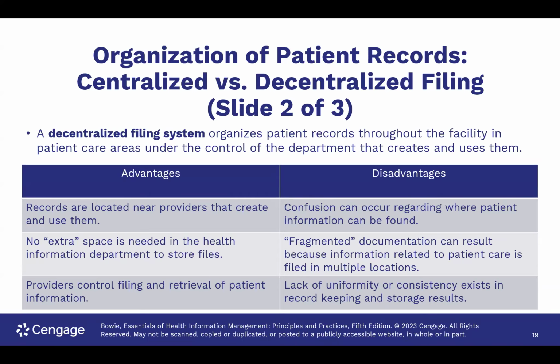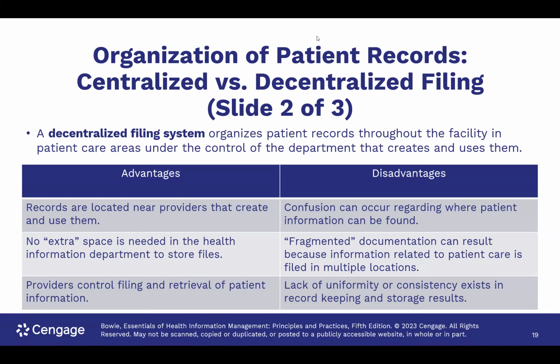Decentralized means we have the patient records, but they go out to the individual clinics or individual offices or departments. Advantage, the biggest one is the records are located near the providers, near the patient care area. We also don't need extra space. And then the providers control what's filed and what's retrieved and so on. However, there are disadvantages. There's confusion about where patient information is found.